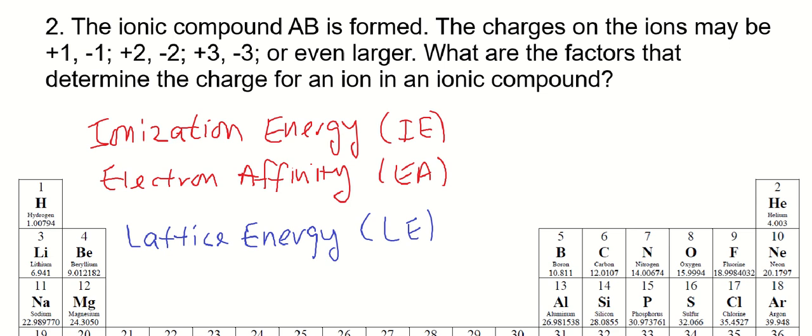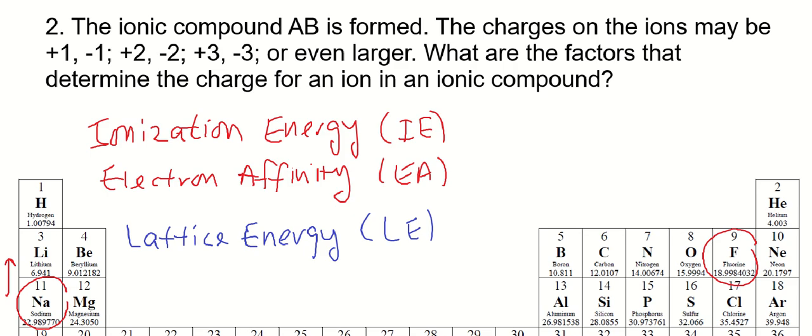So let me show you using sodium and fluorine. Sodium is going to require some amount of ionization energy to remove its one valence electron. It won't take a lot of energy because it only has one valence electron. So an up arrow might be something like that.